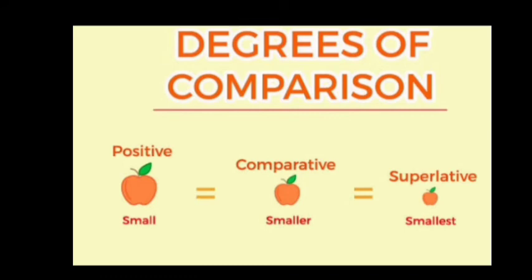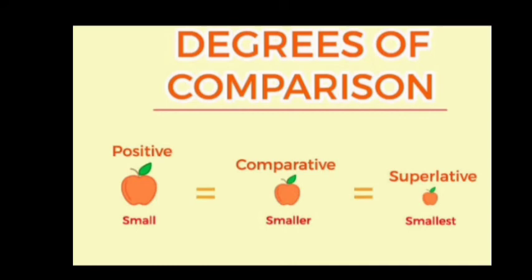When the positive is long, that is, a word of 2 or more syllables, we add more and most before the adjectives to form comparative and superlative degrees. There are some adjectives that do not form the comparative and superlative from their positives.